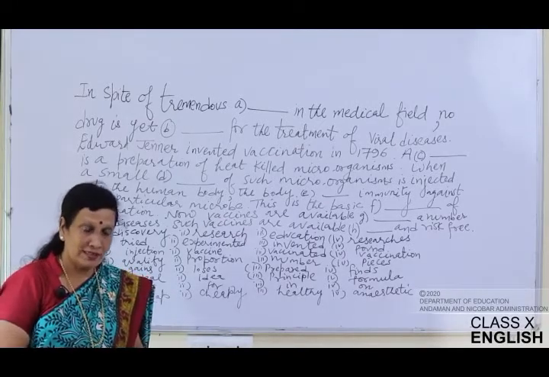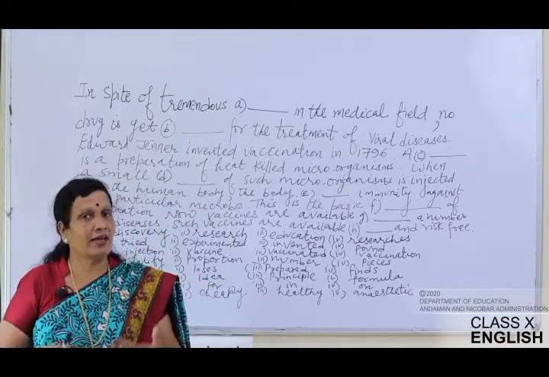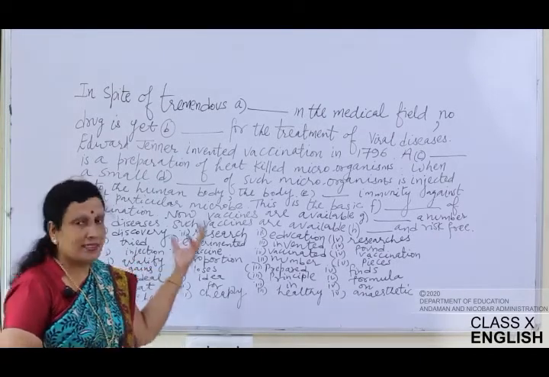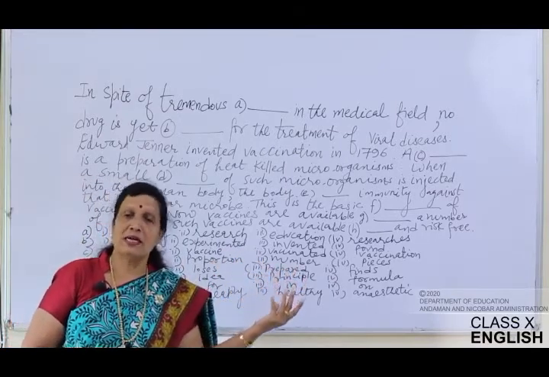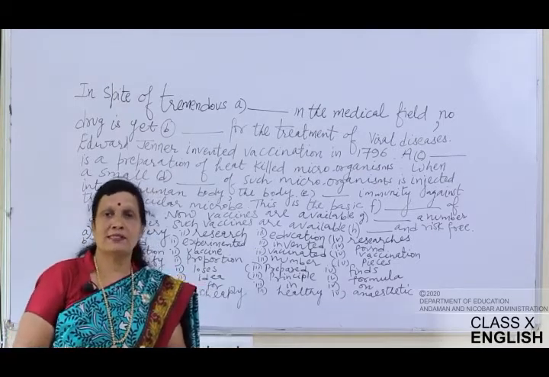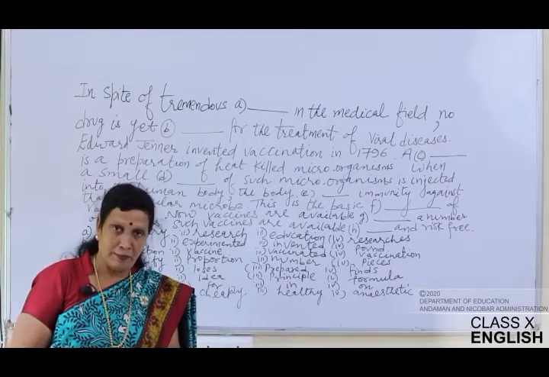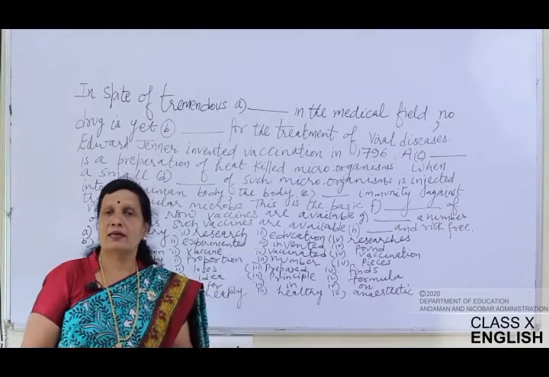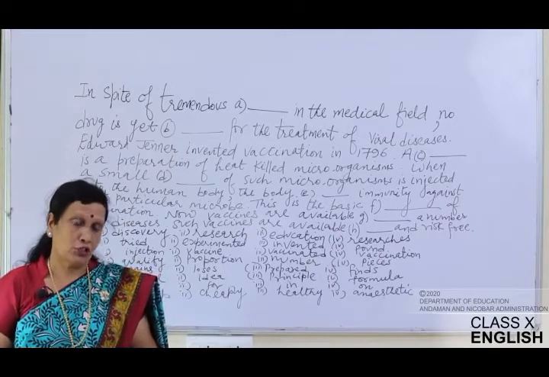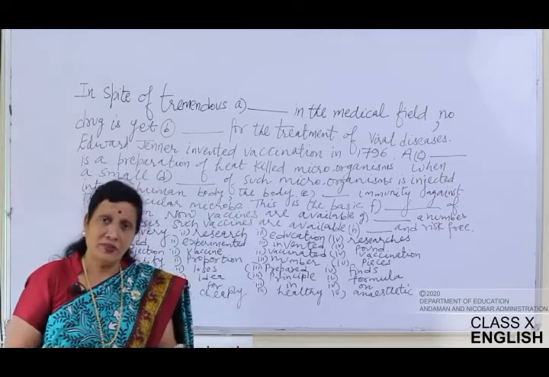You should know a lot of words and their meanings, and also, as I keep on telling you whenever I interact with you, that you must do a lot of reading, because some passages could be related to your subjects, could be from your social science subject or any of your topics from the science subject, or sometimes it could be about environment, sometimes it could be of any current issue, for example child labor or any other topic, water scarcity, isn't it, or it could be about any diseases.